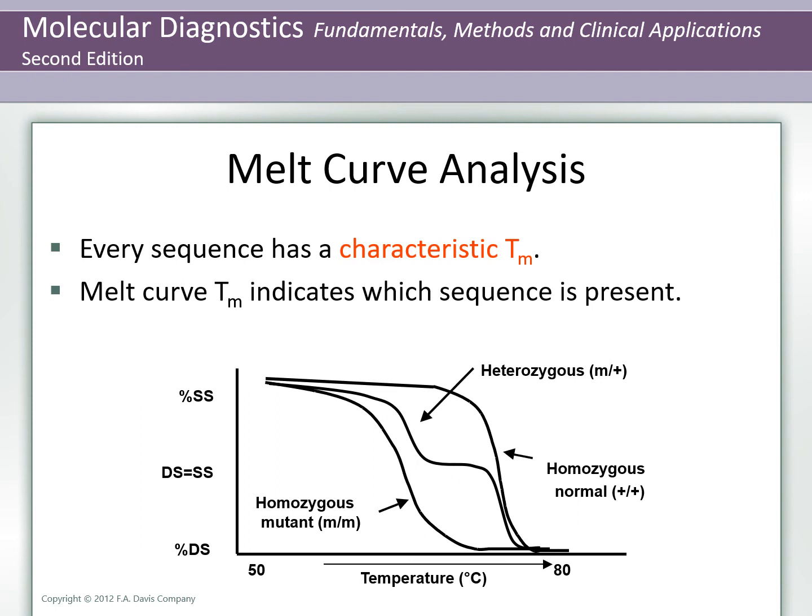As can be seen in the graph, and from what has been discussed previously regarding stringency, every different target sequence has a characteristic melting temperature, so analyzing the melt curve indicates which sequence is present. In this example, homozygous normal, heterozygous, and homozygous mutant PCR products are analyzed and display varying curves due to the differences in the target sequences.